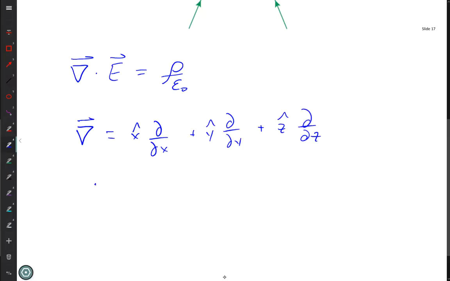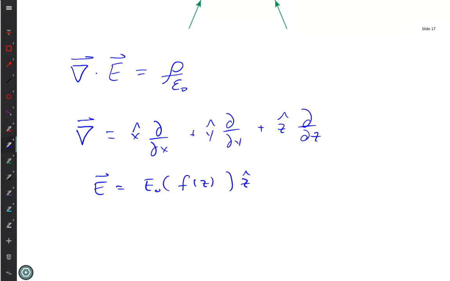So if it gives you the electric field vector as E0 times some function of Z in the Z direction, when I do a dot product between that electric field in the Z direction and the directional derivative, what do I get?